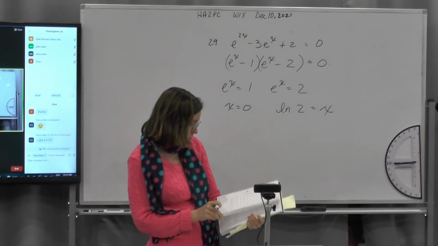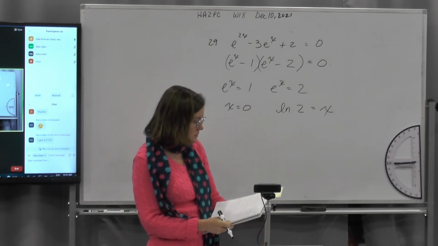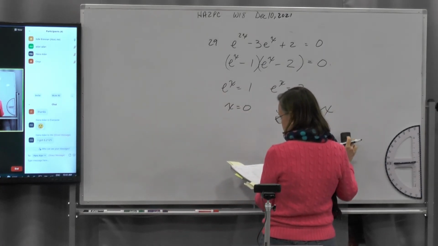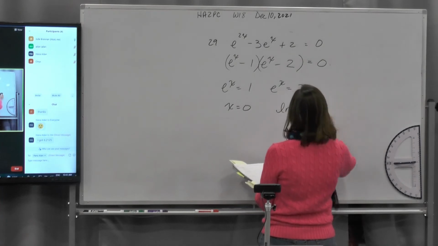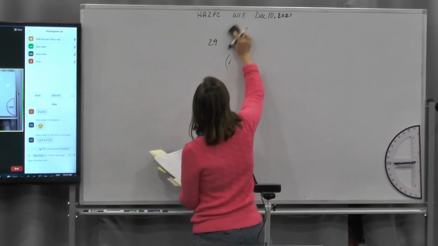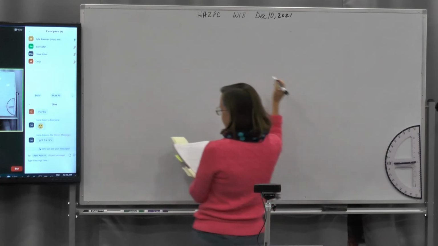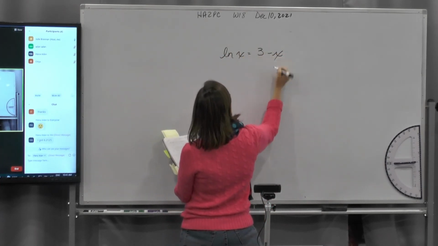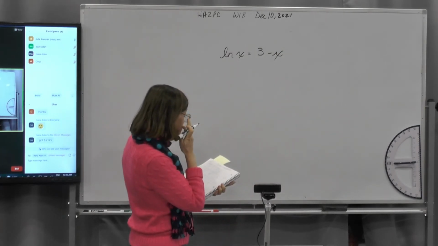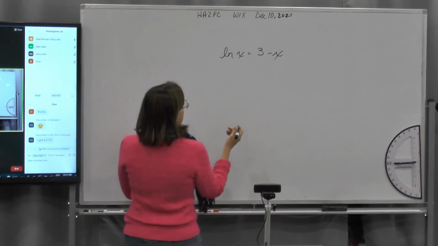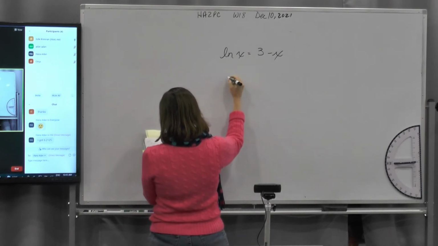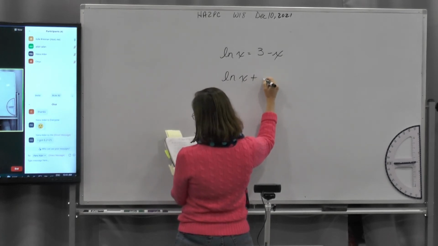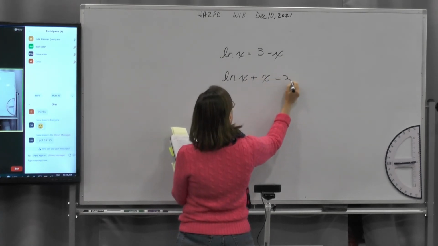Number 59, making sure I'm here. Okay, this is a graphing calculator one. Let's just say you're solving, and if you notice, if I put everything on one side, I get that.